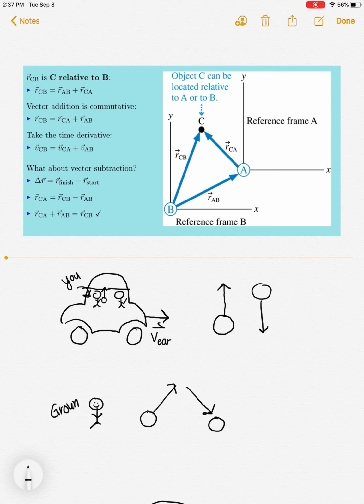So what you see and what somebody standing on the ground sees is slightly different. And that is essentially what relative motion is. So here what you'll see is that you're going to be in a car, a boat, or a plane, and there is going to be an extra added velocity that will differ from somebody else's point of view if they were on the ground.